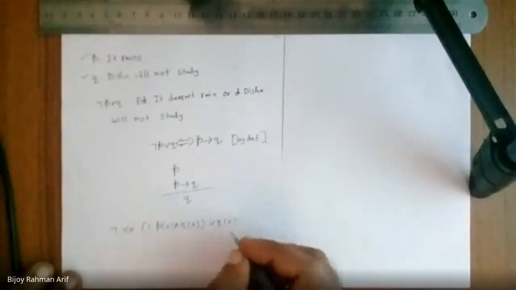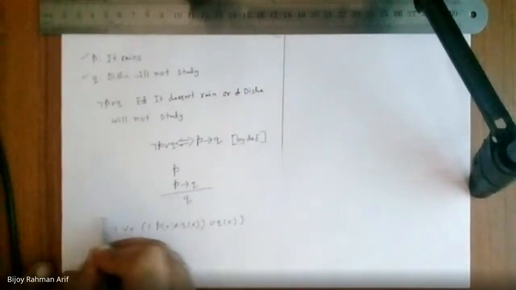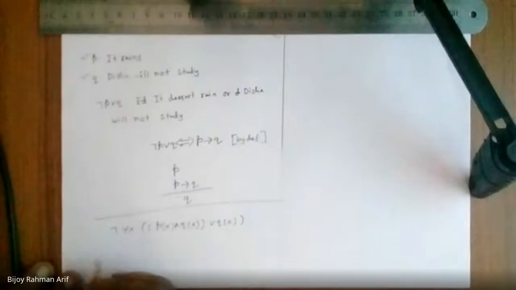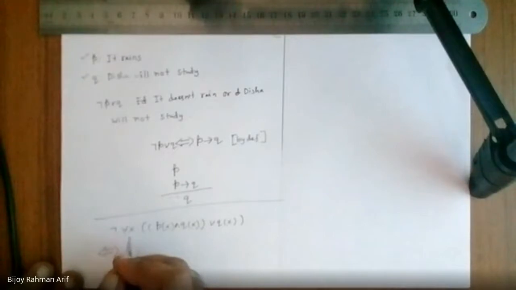We have to simplify this. Am I right? Yes, sir. Okay, so there is a not at the beginning. Am I right? Yes, sir.